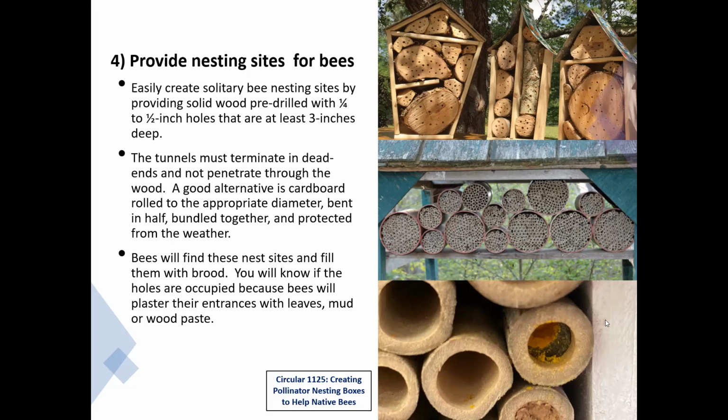But you can put it in anything, a coffee can, anything. You probably have all sorts of plastic stuff in your pantry that you could use too. If you don't have that, then you can use rolled up cardboard. Just make sure it's the correct diameter, and you can fold that and stick that in there, and you'll have it terminate in the end.